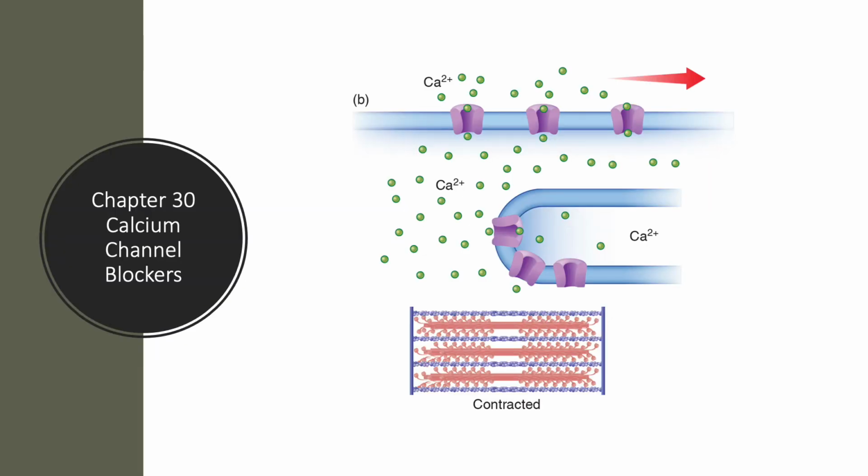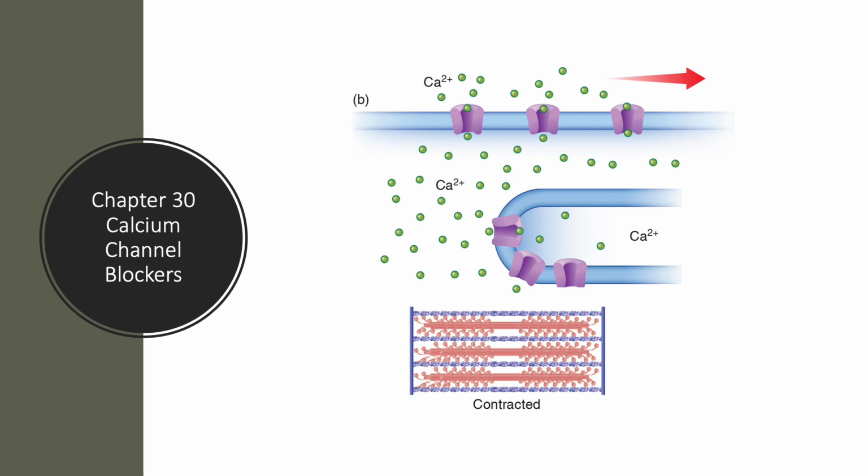So let's talk about calcium channel blockers. And in order to do so, let's talk about calcium channels first. So where are we going to find calcium channels? They are very populated on the vascular smooth muscles, so the arterioles in the blood vessels, in the systemic circulation.